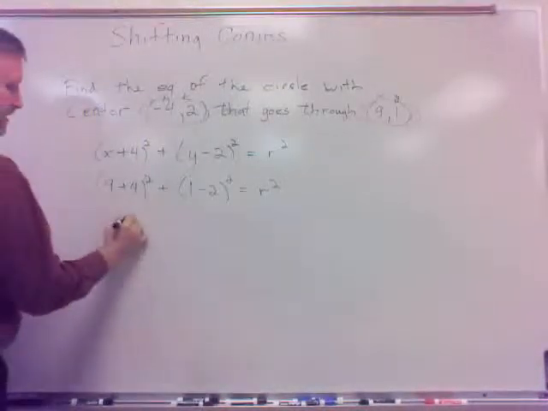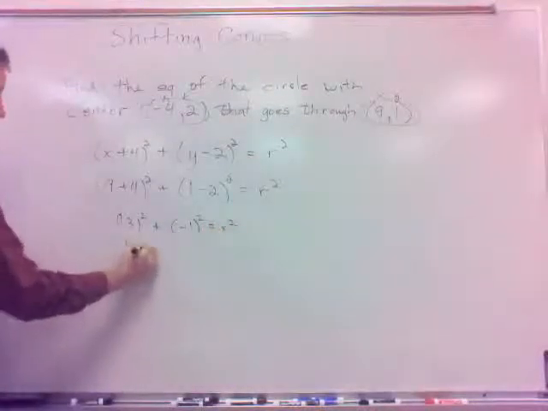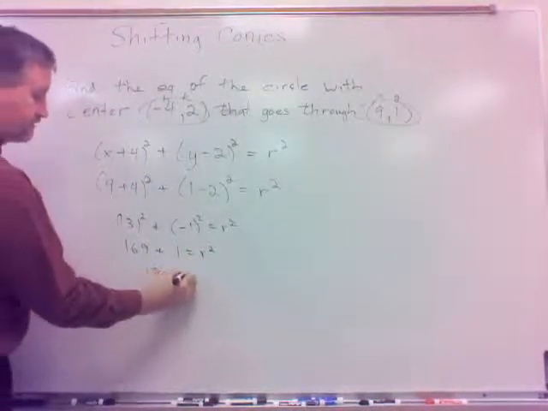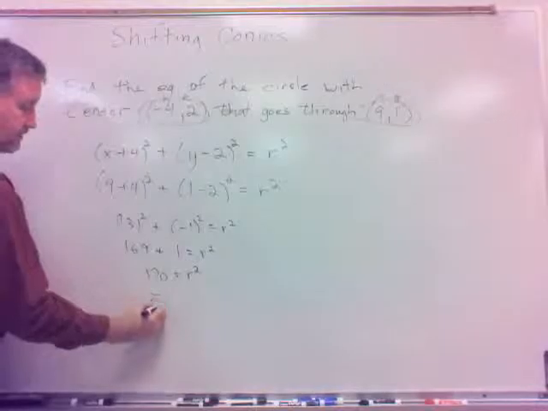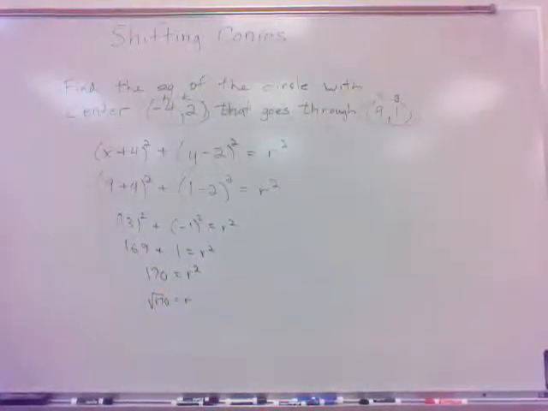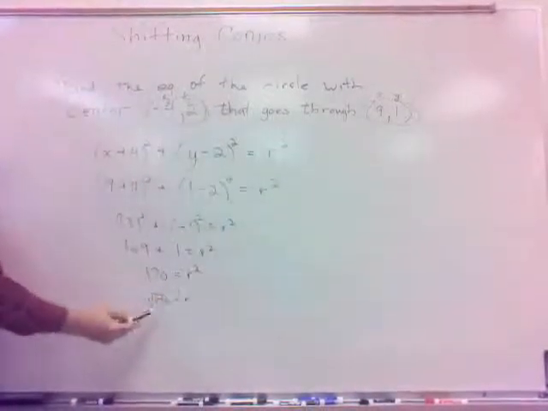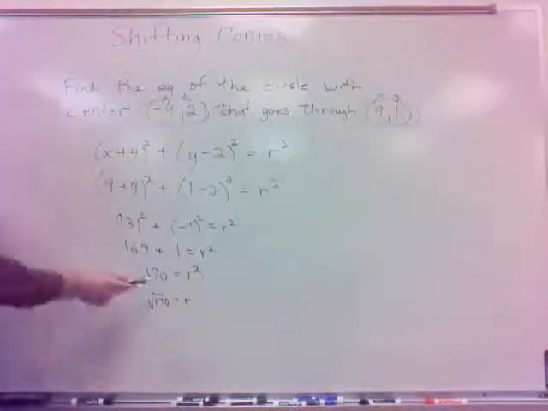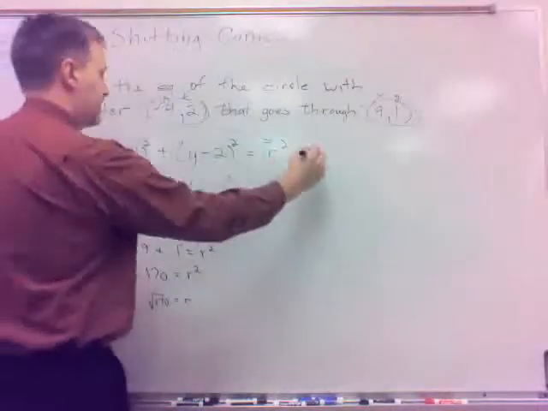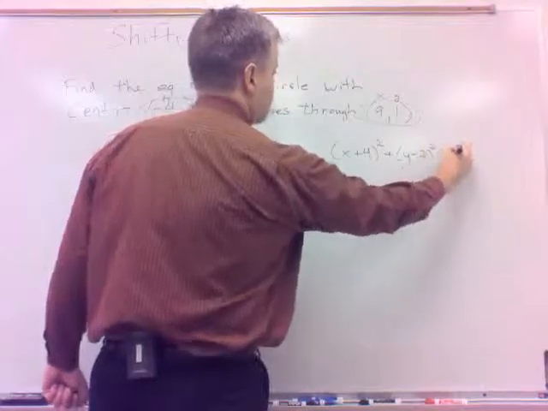I've got 13 squared plus negative 1 squared equals r squared. So that's 169 plus positive 1 equals r squared. So 170 equals r squared. If you get down to it, r would be the square root of 170. But what I was needing was r squared, so you can plug in either. r is the square root of 170, but r squared is 170. So that's what goes here. So it would be (x plus 4) squared plus (y minus 2) squared equals 170.